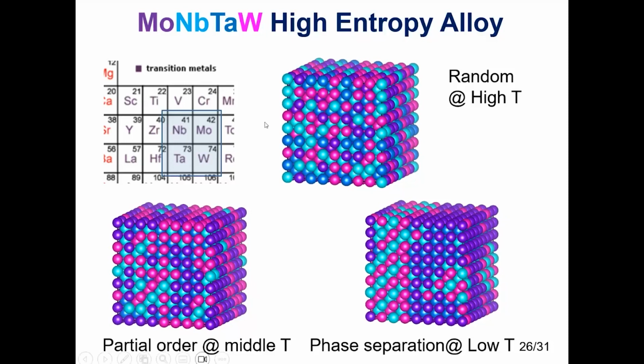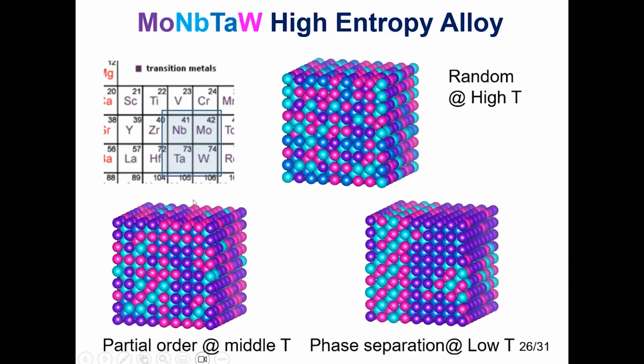But at low temperature, there are certain patterns of preferential chemical interaction among the different species that will lead to chemical ordering. And the color coding here is such that the cool colors, which are dark blue and light blue, alternate with the warm colors, purple and red. Blue, purple, red, blue, purple, red, and so on.